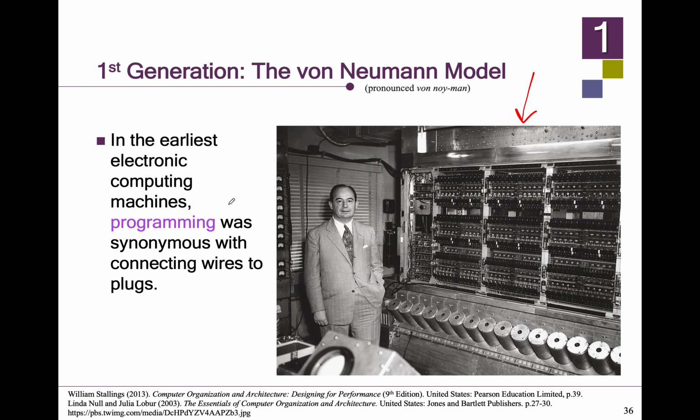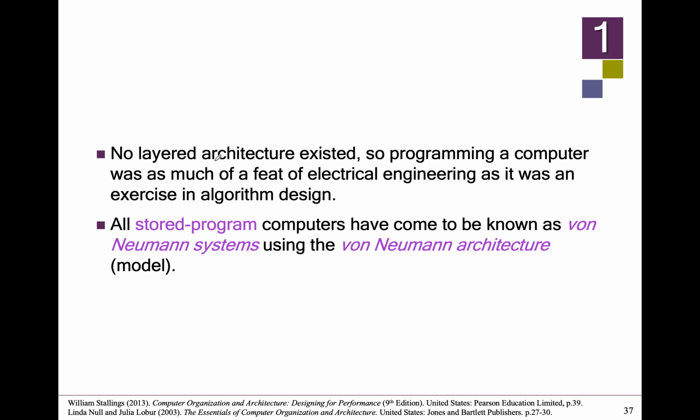Okay, the earliest electronic computing machines were programmed by connecting wires to plugs. No layered architecture exists, so programming a computer was as much a feat of electrical engineering as it was an exercise in algorithm design.